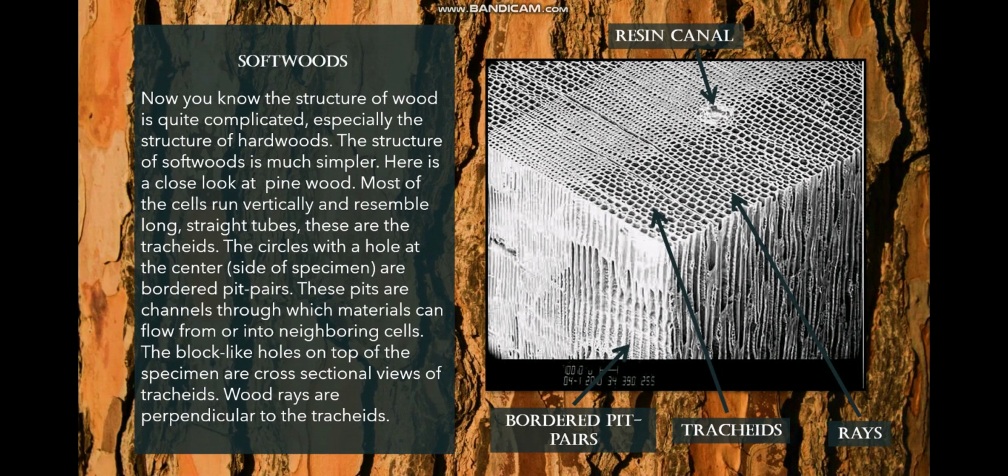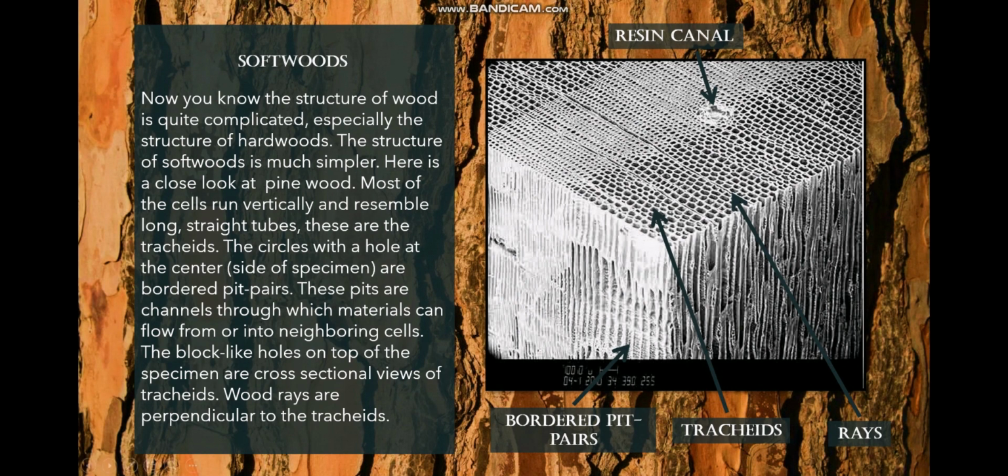The circles with a hole at the center side of the specimen are bordered pit pairs. These pits are channels through which materials can flow from or into neighboring cells. The black-like holes on top of the specimen are cross-sectional views of tracheids. Wood rays are perpendicular to the tracheids.